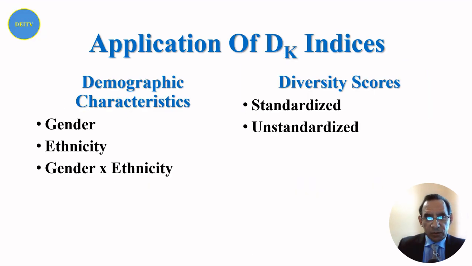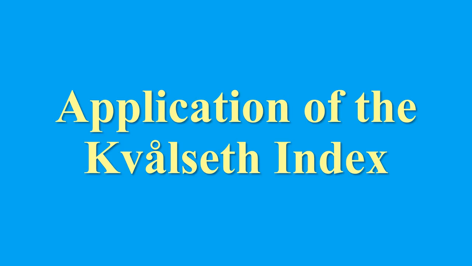So now that the Kvalseth indices have been presented, I'm going to apply the indices to the same gender by ethnic data that was covered in the previous episodes, as well as to the revenue data. I will cover both the standardized and the unstandardized indices. I'm going to apply the Kvalseth index to the gender, ethnic by gender data, as well as to the revenue data.